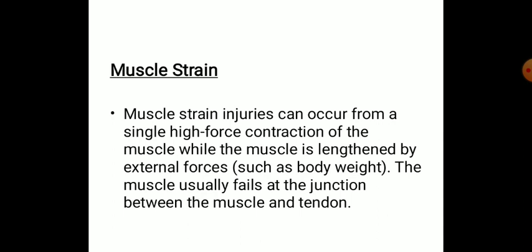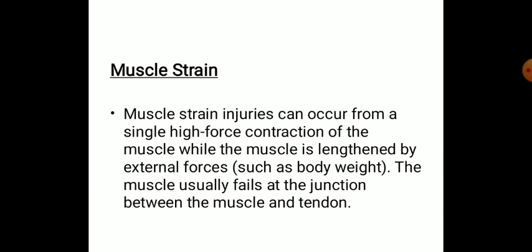Then is muscle strain. Muscle strain injuries can occur from a single high force contraction of the muscle while the muscle is lengthened by external forces. The muscle usually fails at the junction between muscle and tendon. The classical example for this muscle strain is whenever we try for some overhead activities, throwing something, in that lengthened position of that particular muscle, if we give excessive load, then we may experience some kind of shoulder pain.